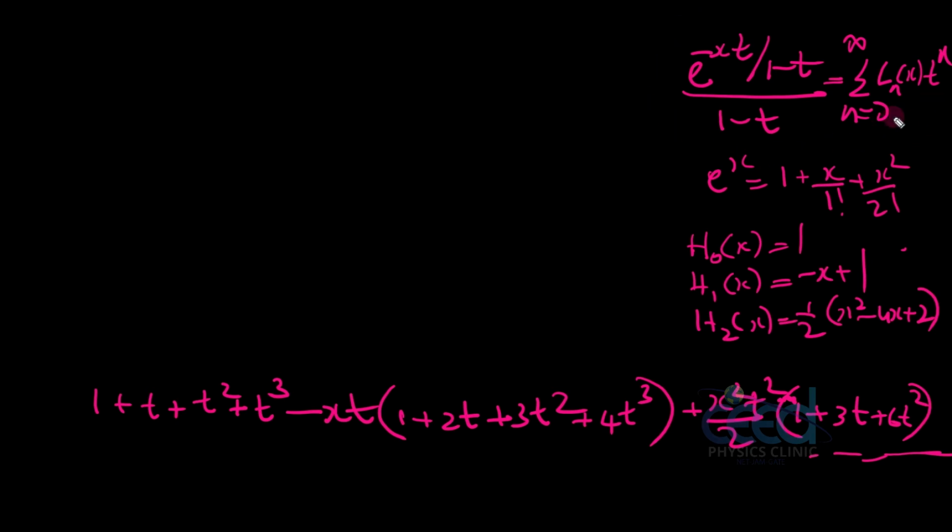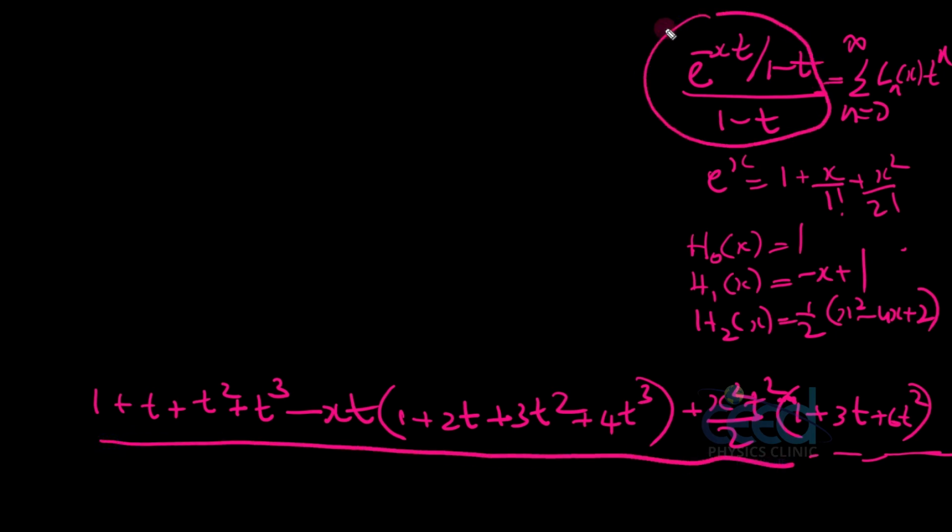So this is our generating function. To find the L0 of x, I can take the coefficient of t raised to 0. What is the coefficient of t raised to 0 in this expansion?